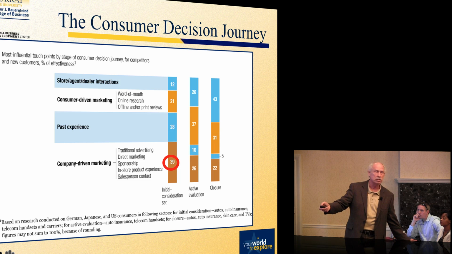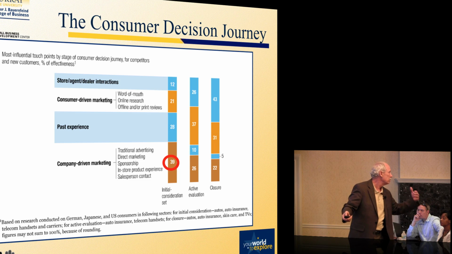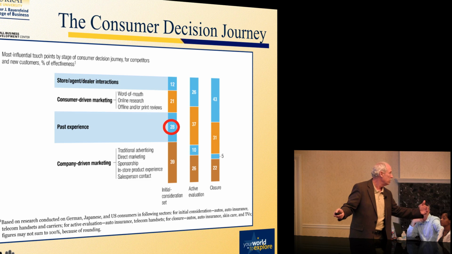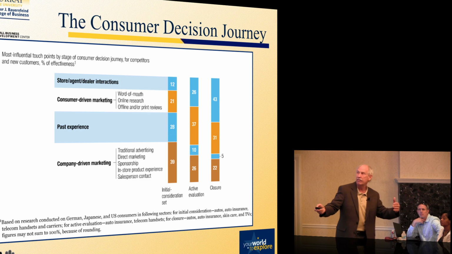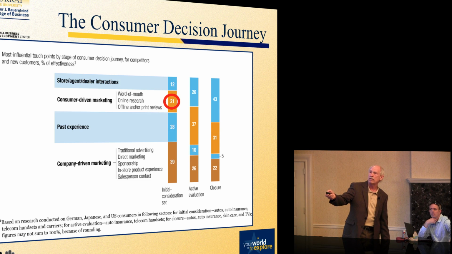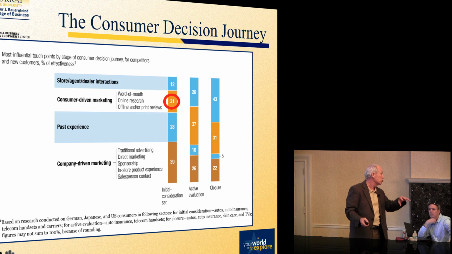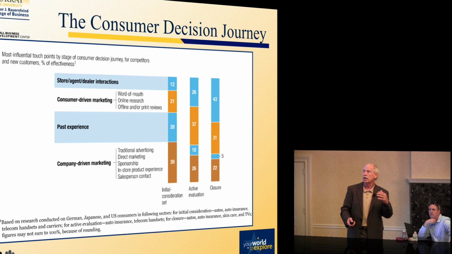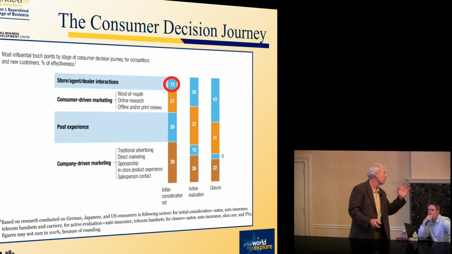Ads, websites, areas where they've seen the placements or sponsorships where they've seen the brand information and they're ready to go. They rely on past experience, remember that loyalty loop, to indicate the types of products that might fall into their consideration set. And then consumer-driven marketing, word-of-mouth, online research, which is this type of thing we're talking about here, becomes more important. And then finally, the interaction at the store.